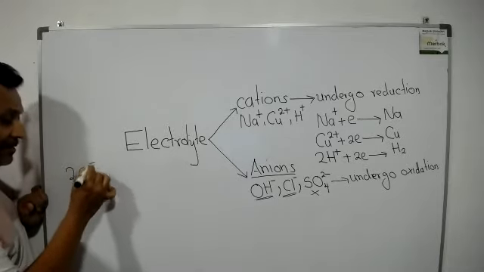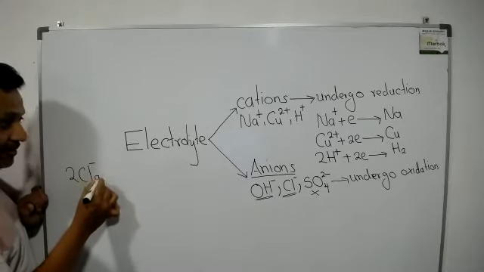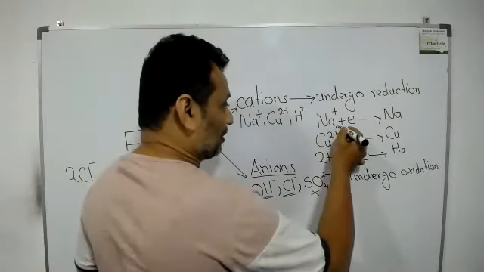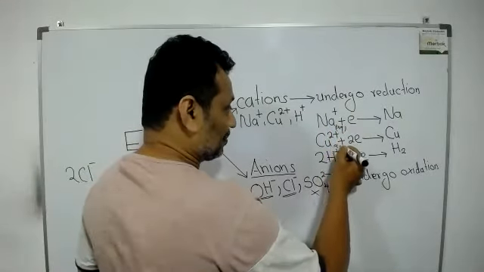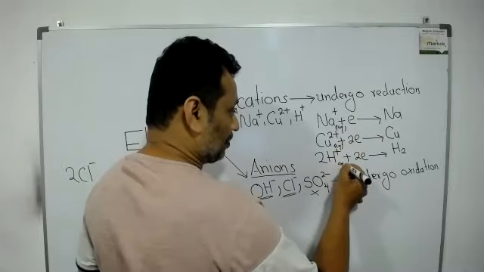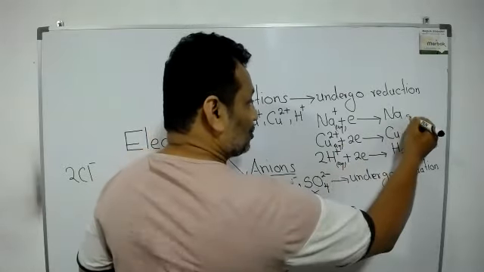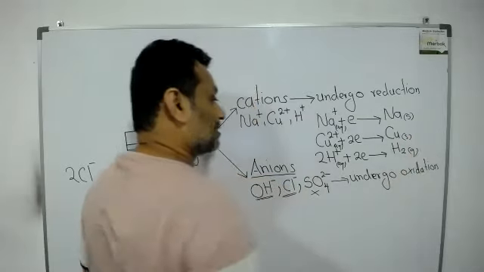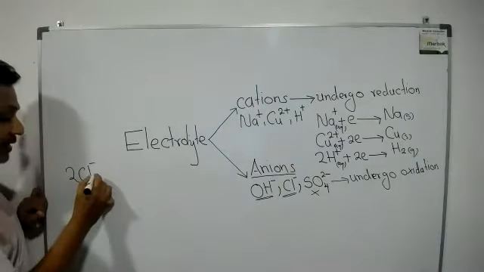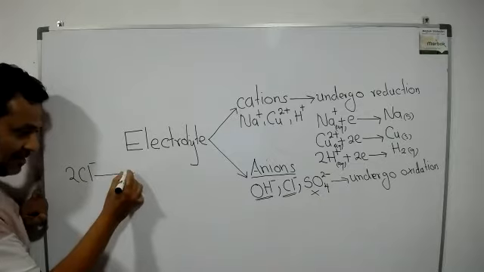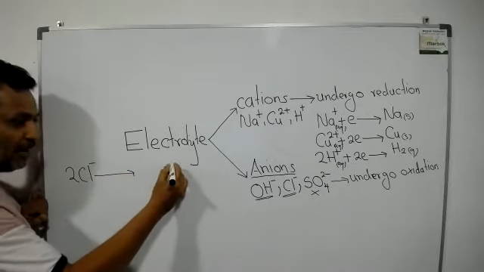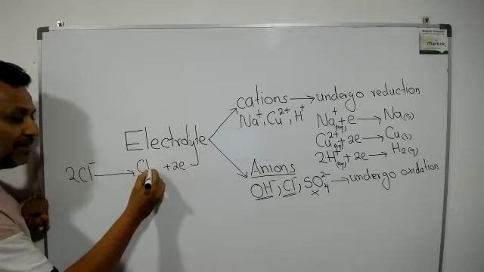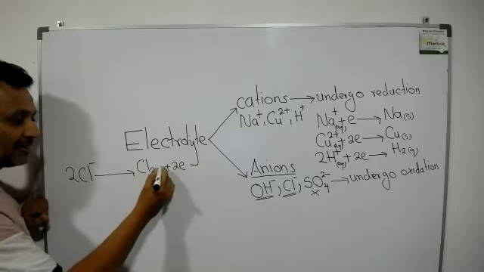2Cl minus aqueous. Remember, all these ones are aqueous. This is a solid, this is a gas. 2Cl minus lose two electrons and will form Cl2 gas.